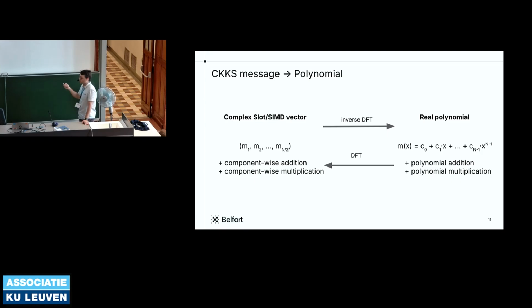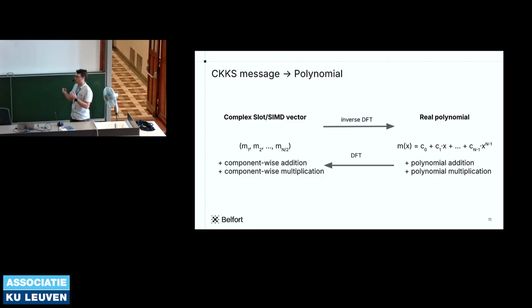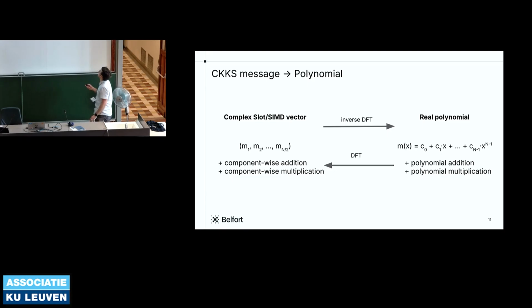It could be a matrix, could be a vector. You pack it into these slots, as we call them, and then you're going to do an inverse DFT. That's going to give you a polynomial, right? So I have my polynomial, and I want to express it in a way so that I can use this learning with error or ring learning with error.